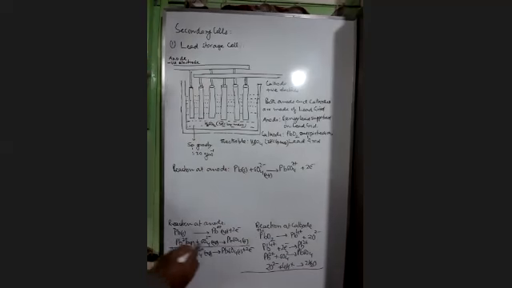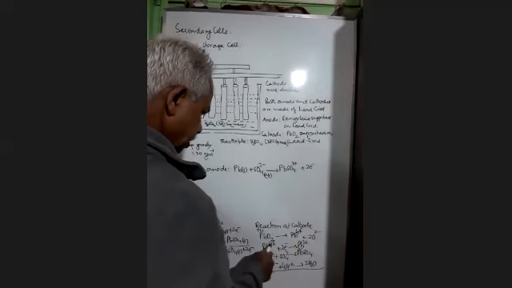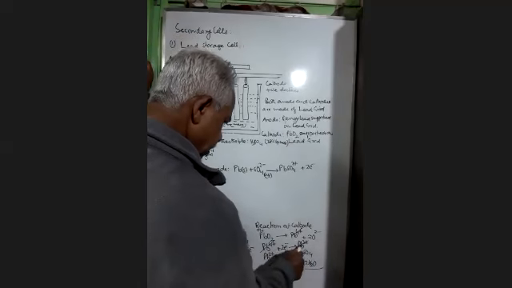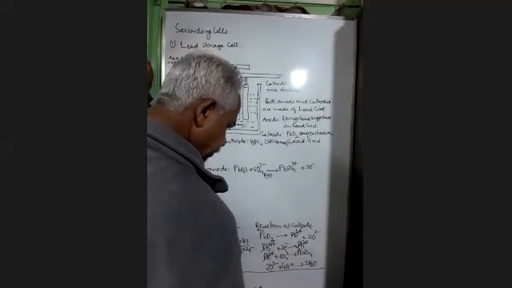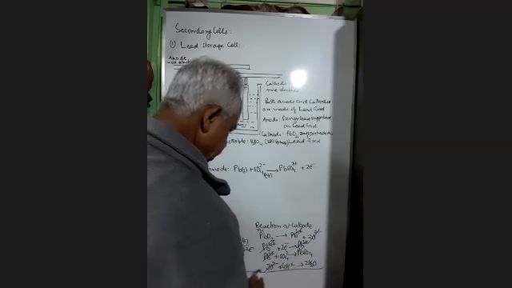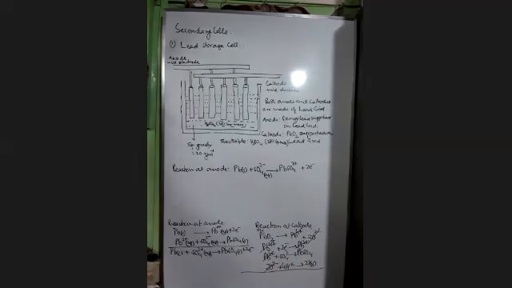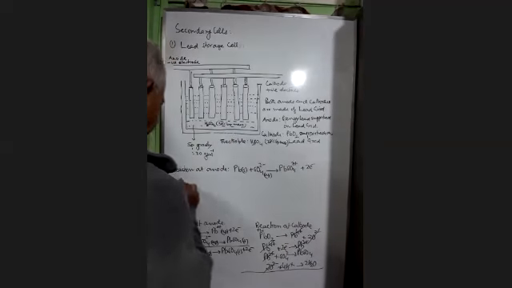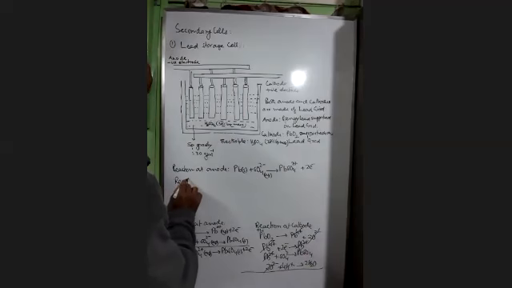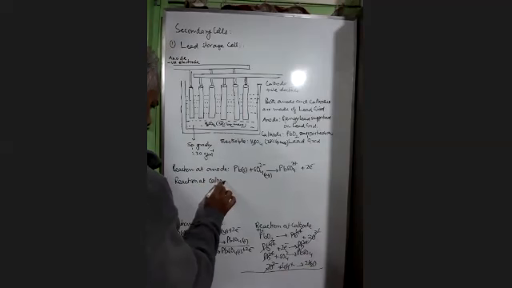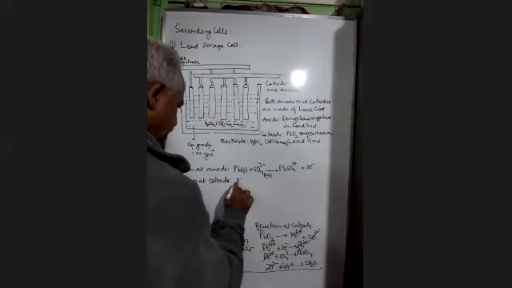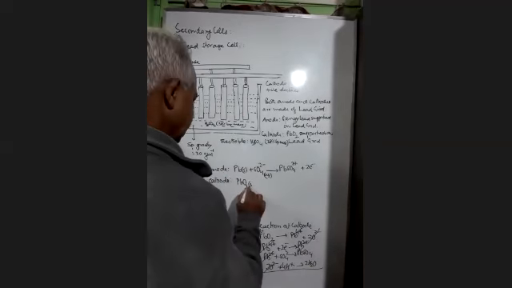Okay. Now I'll add. See here. So ultimately, I will write the total here. Reaction at cathode. So now you'll understand how in your book they have made it so shortcut.